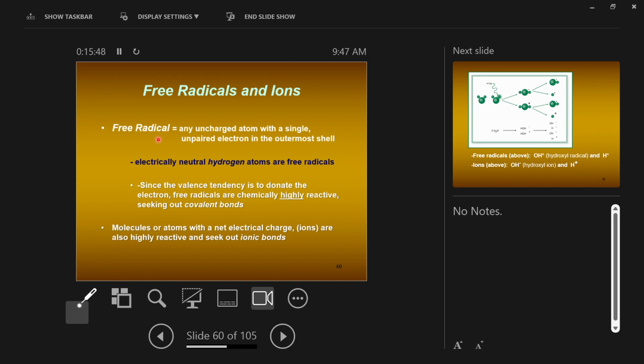So if you're hydrogen and you only have one shell, and that only shell only has one electron, even though the atom is uncharged, it is going to try to rob an electron from a nearby atom, pulling an electron from a nearby atom so that it can fill its outer shell, okay? Even though it has no electric charge, it will still seek out a chemical reaction with nearby atoms.